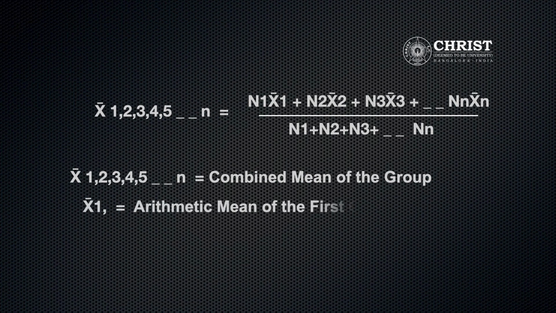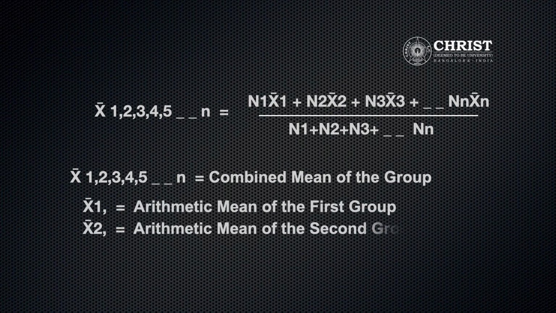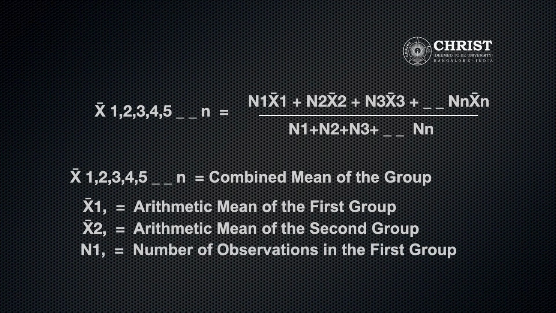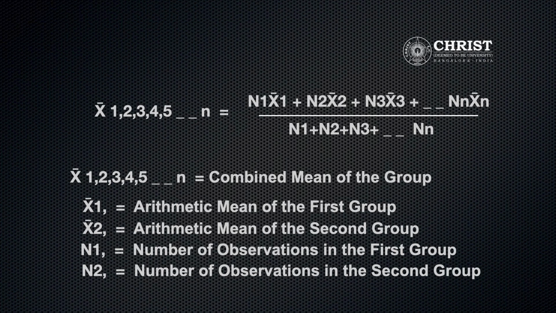X bar 1 is the arithmetic mean of the first group, x bar 2 is the arithmetic mean of the second group, n1 is the number of observations in the first group and n2 is the number of observations in the second group. Like this, we can take any number of groups and find the combined mean.